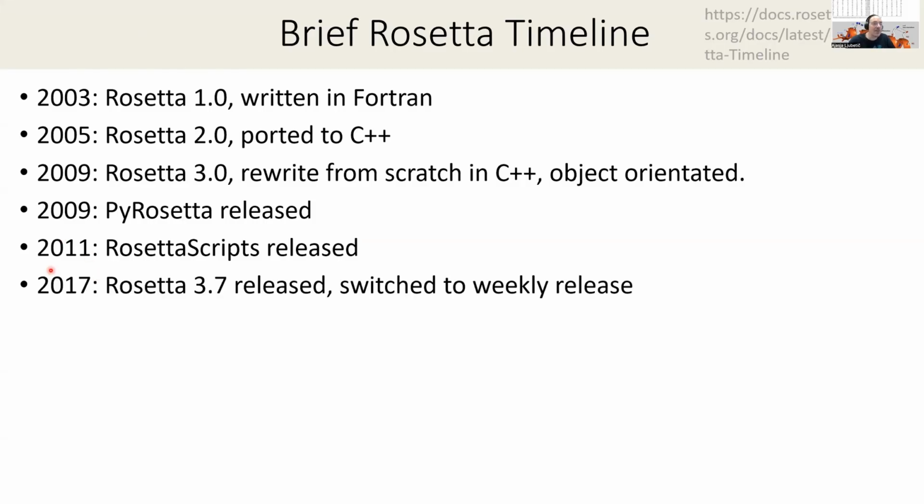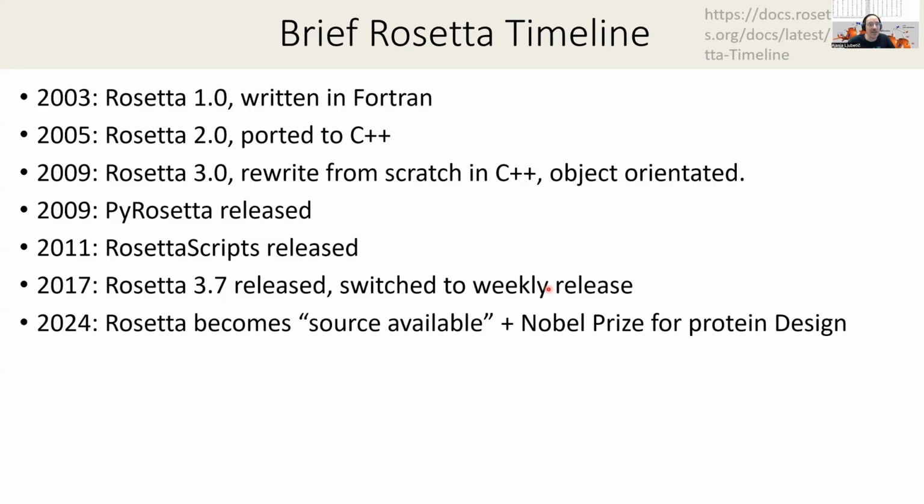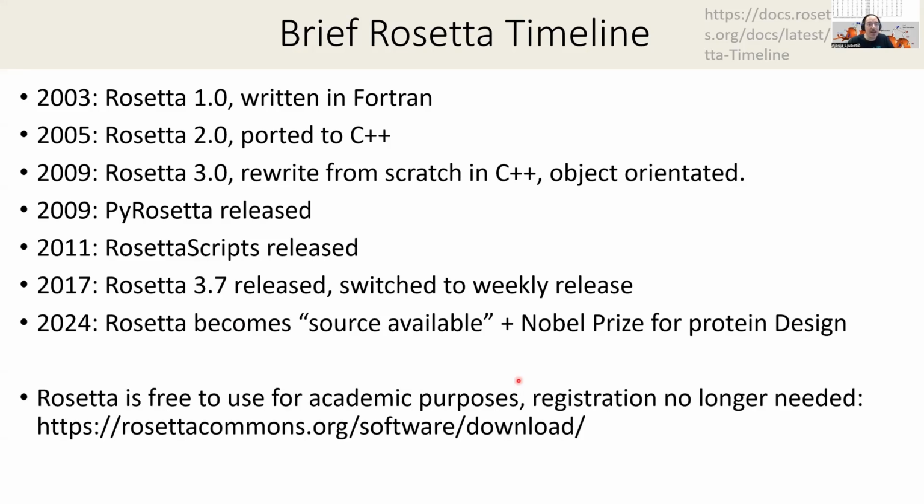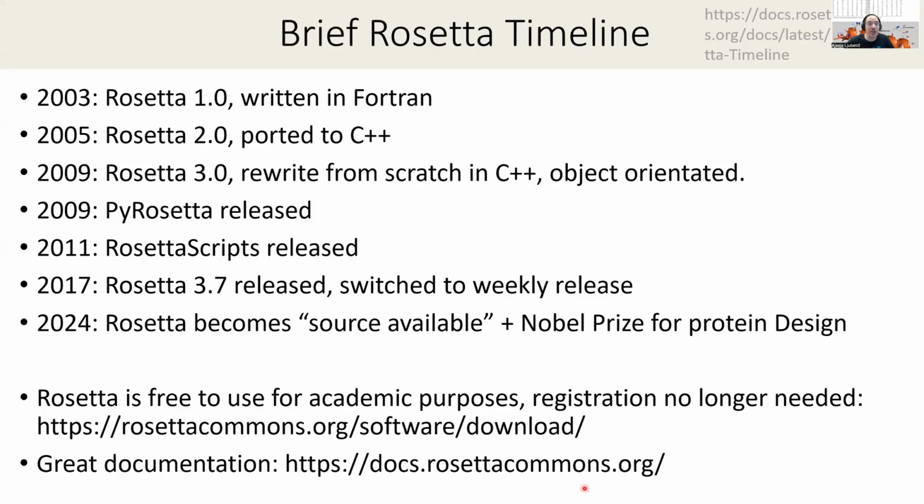Then in 2017, Rosetta 3.7 was released, and we've switched to weekly releases ever since. Then in 2024, Rosetta became source available. So it's not completely open source yet, but you can use it for academic purposes without requiring a license or a login. And that's also the same year the Nobel Prize was awarded for protein design. And here are the links and also the documentation.